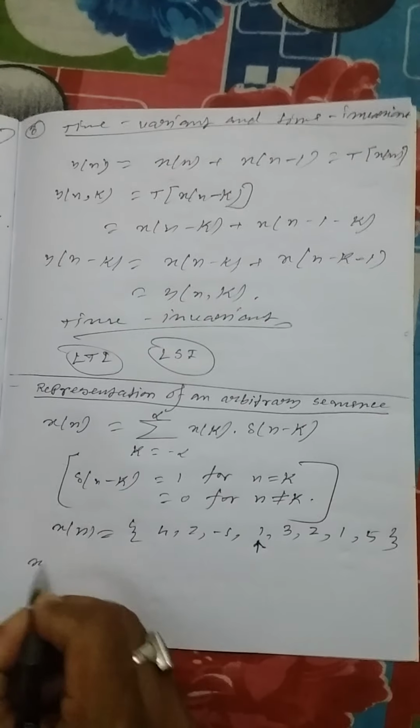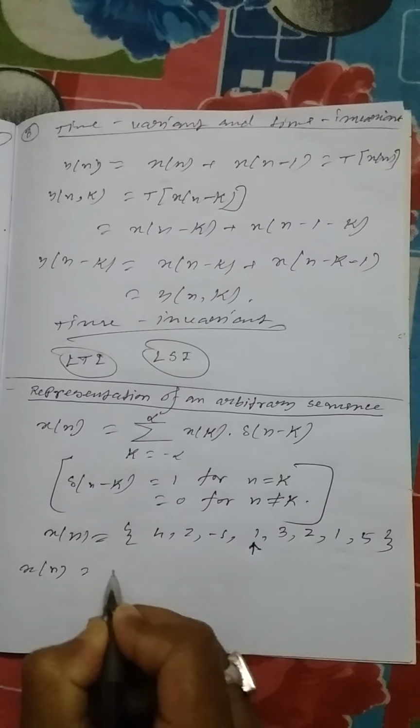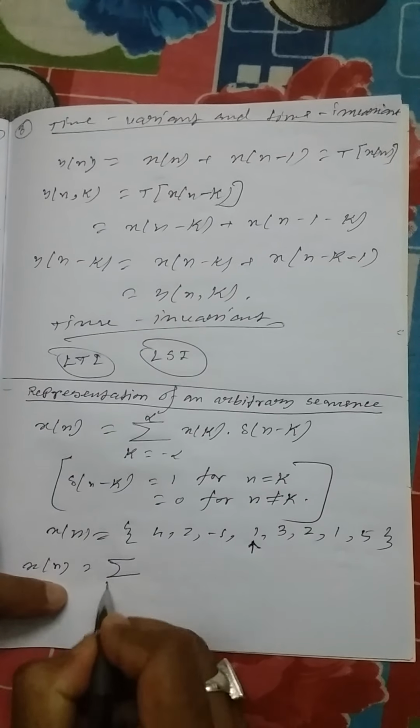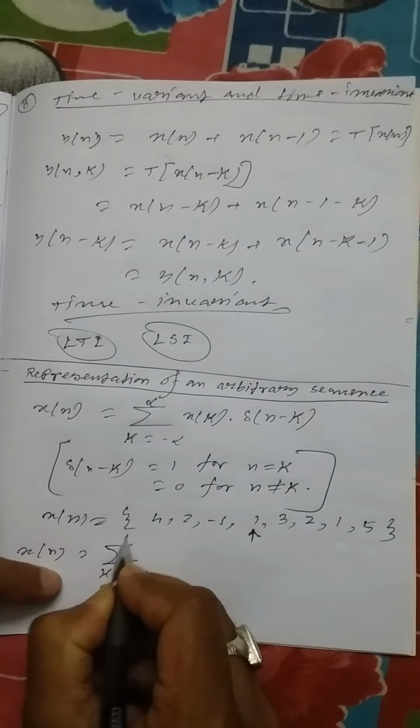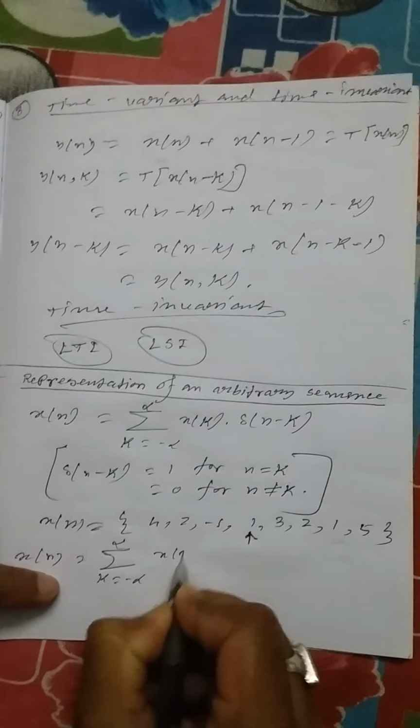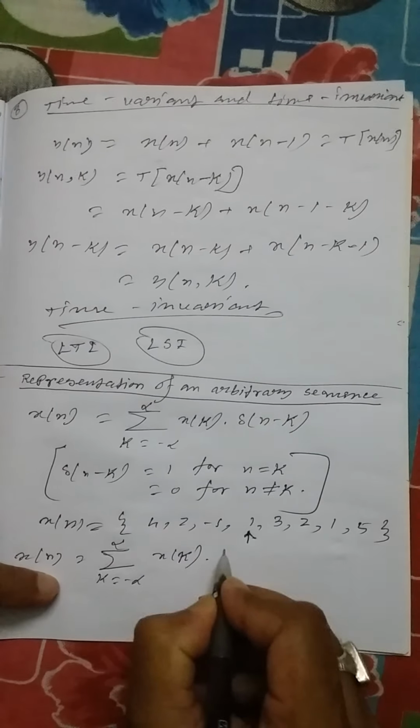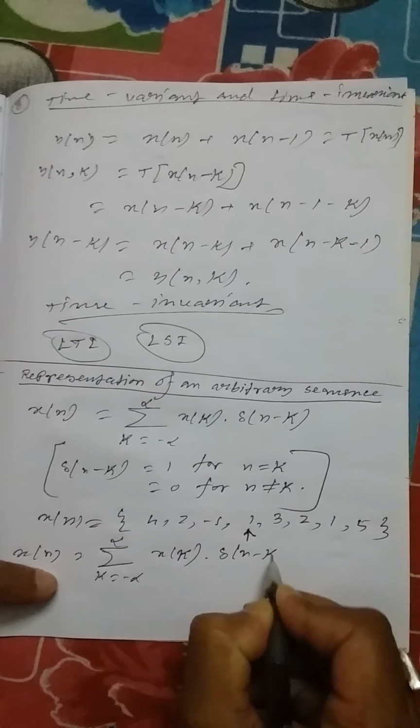So x(n) can be represented by the summation over k equal to minus infinity to infinity of x of k into delta n minus k. Here the value of n starts from minus 3 and ends at 4. So the range of the summation will be k equal to minus 3 to 4 of x of k into delta n minus k.